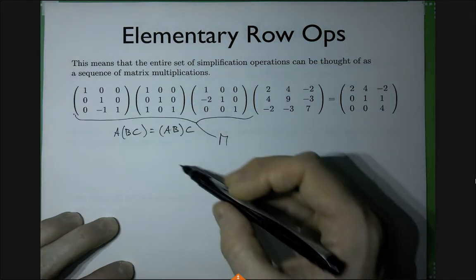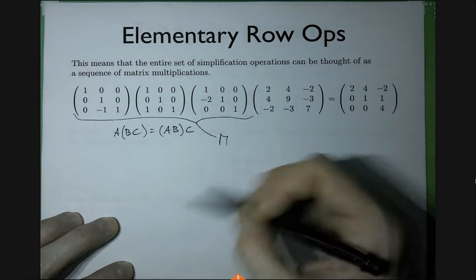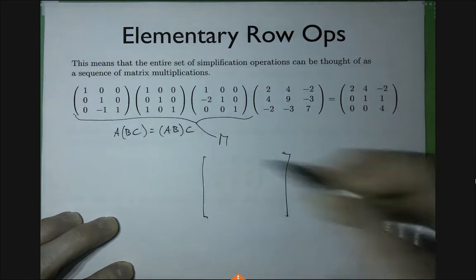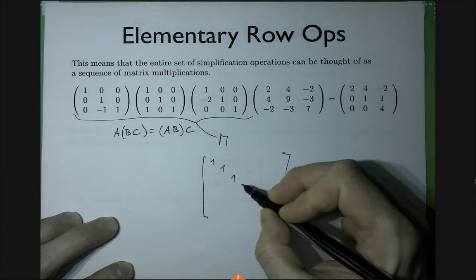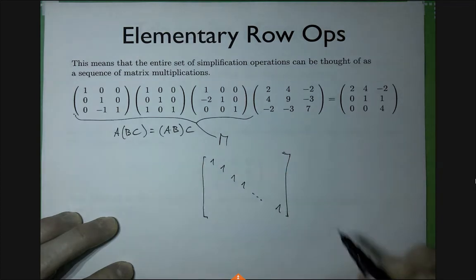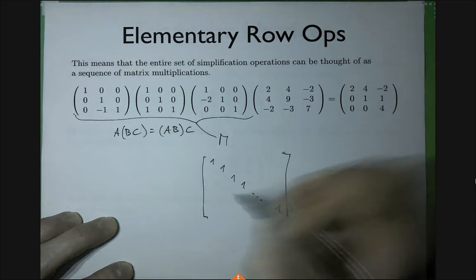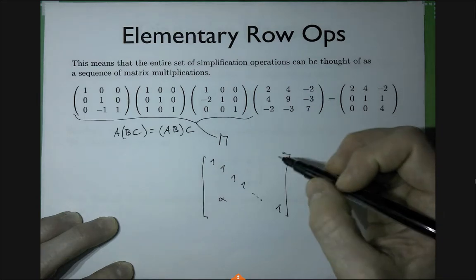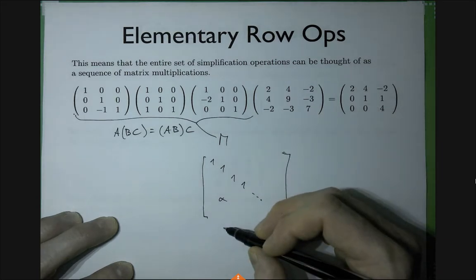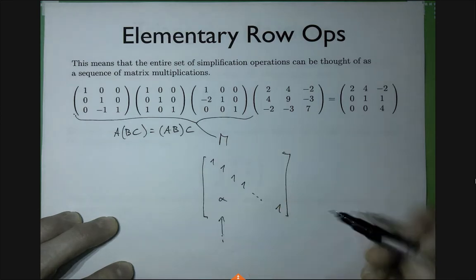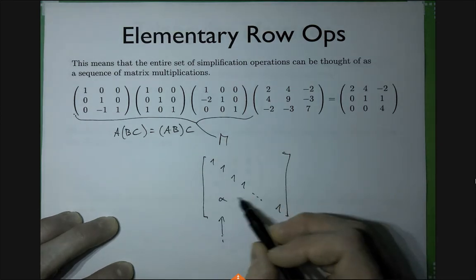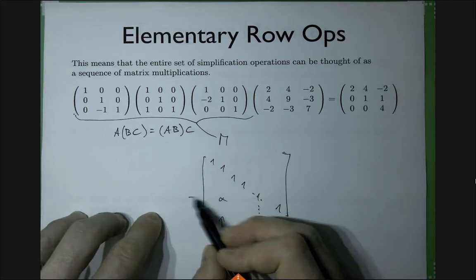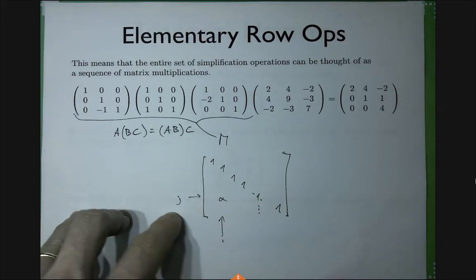In general, the elementary row operation matrix is an identity matrix, with ones on the diagonal, and has some scalar alpha somewhere, where the index i tells me which equation it takes, and it adds it to row number j.